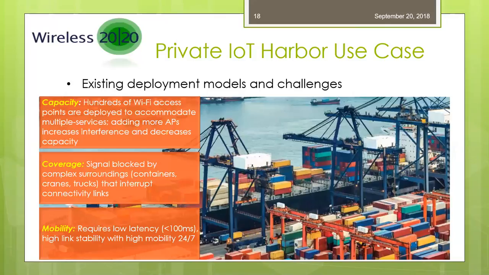It would take hundreds of Wi-Fi access points to accommodate multiple services. Adding more and more APs increases the interference and decreases the capacity. So capacity is something that we have to keep our focus on. In this particular case, this is a large, sprawling complex, so coverage is certainly important.